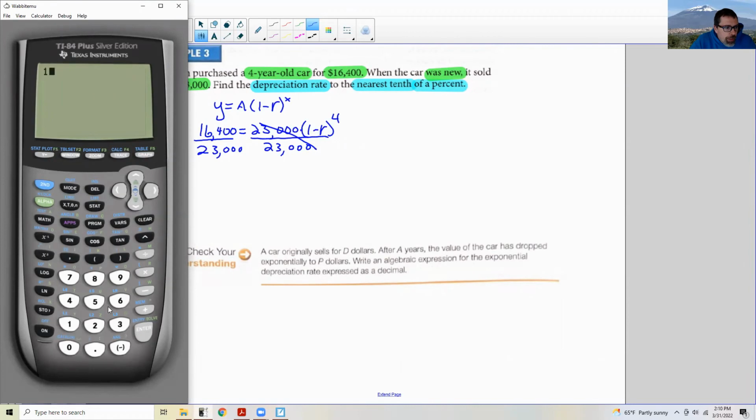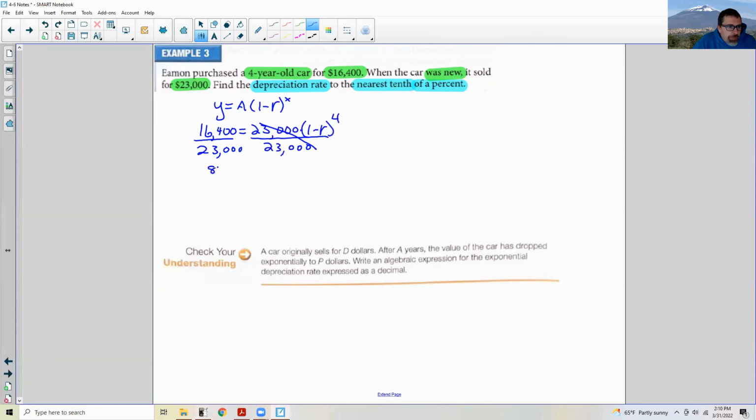So it's 16,400 divided by 23,000. And I get this number. And let me hit math, enter, see if it's a smaller fraction. It reduces to 82 over 115. Okay, and that is going to equal 1 minus R to the 4th power.